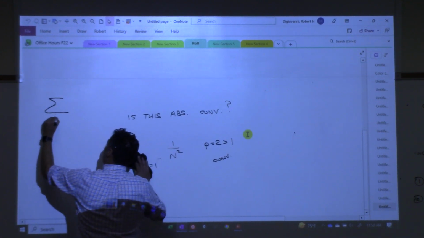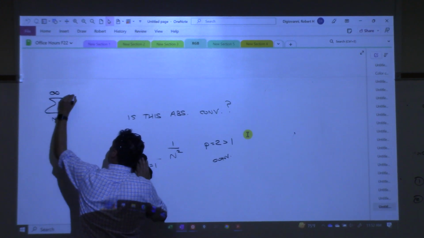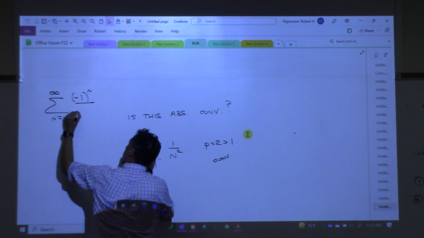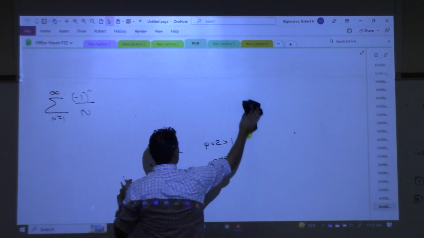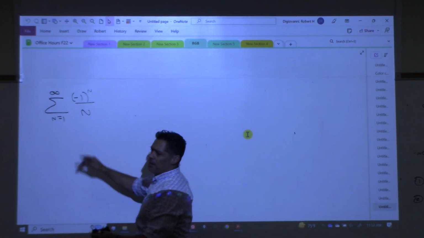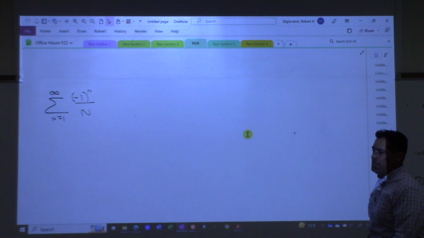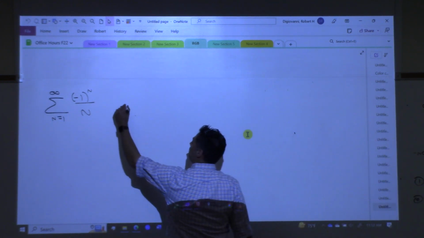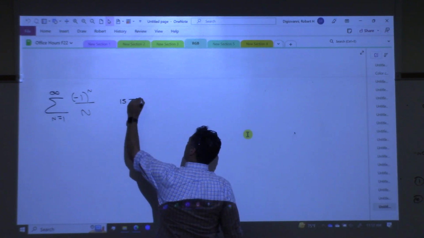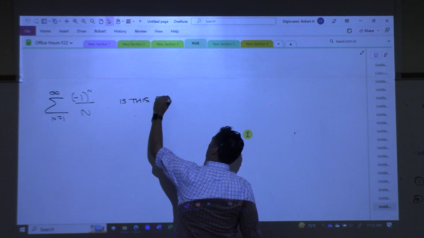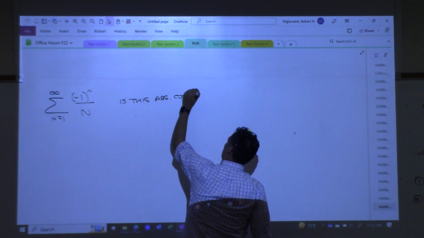The sum from n equals 1 to infinity of negative 1 to the n over n. We just did that exact problem, but I had n squared on the bottom instead of n. Is this absolutely convergent?